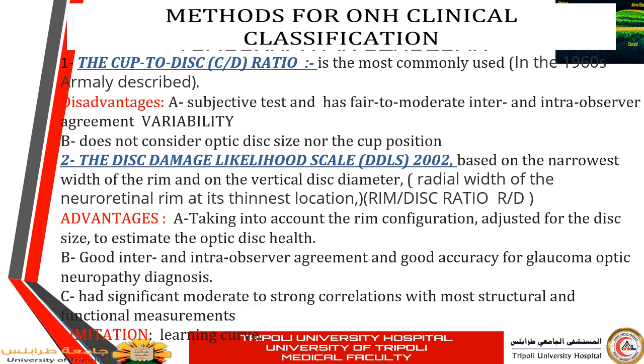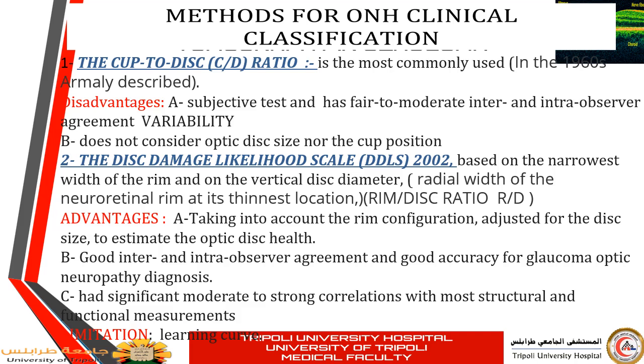So it is called the rim to disc ratio instead of the cup to disc ratio. It has the advantage that it takes into account the location of the cup and the size of the optic disc, and even the places where there is no neuroretinal rim. It measures in degrees how much of the optic nerve rim is missing.